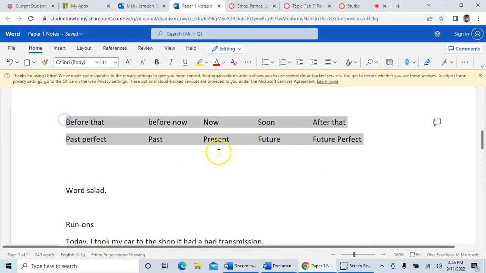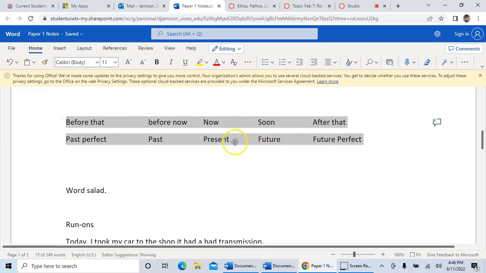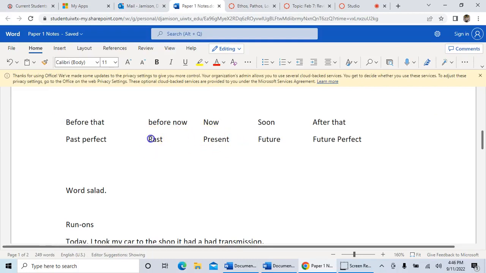Alright, so other issues with tense. Some of you guys were switching back and forth between past perfect and past. So, again, past tense is something that happened in the past. Past perfect is something that happened before something that happened in the past, generally before the story.